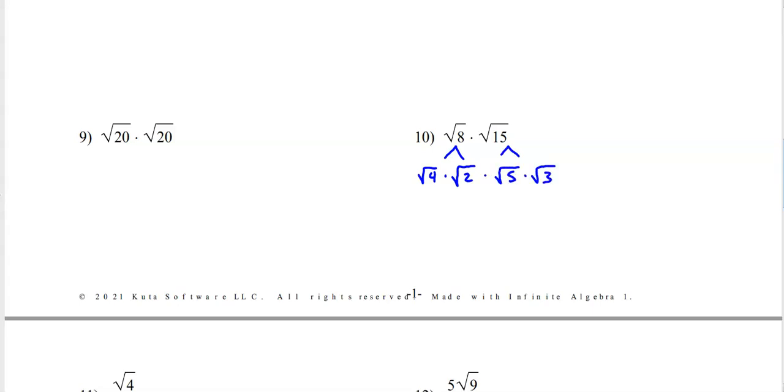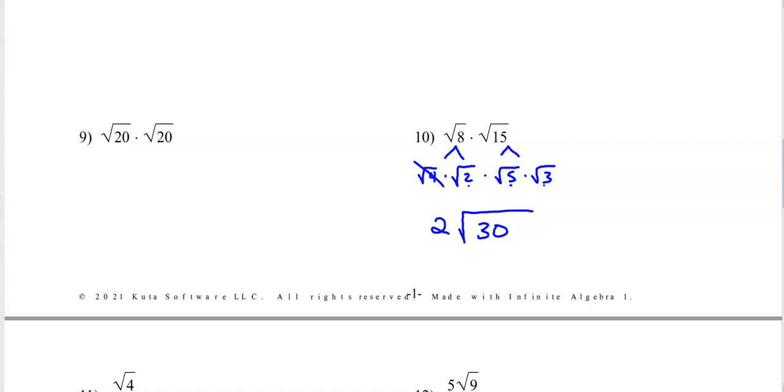And this is 2. Nobody else has any perfect squares, so we group them all together: 2 times 5 times 3 is 30. I'll just call it 2 radical 30.